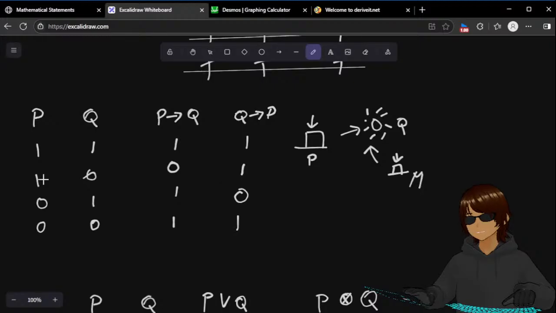It's this part that is confusing me. Q doesn't happen, but P happens. Then this statement is true.